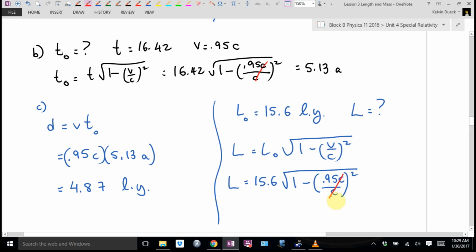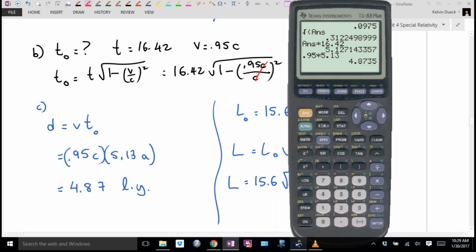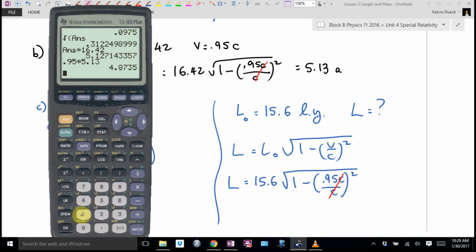This is kind of nice. Do you see? I get 1 minus 0.95 squared, square root of that, times 15.6, and I get the same answer, 4.87.